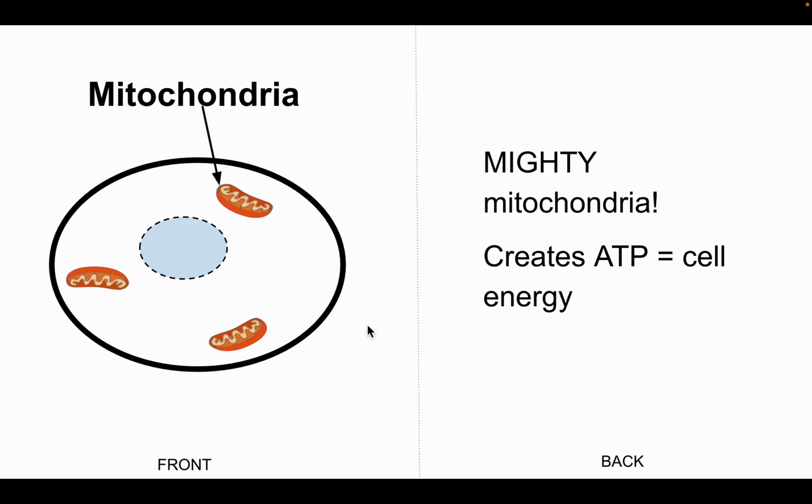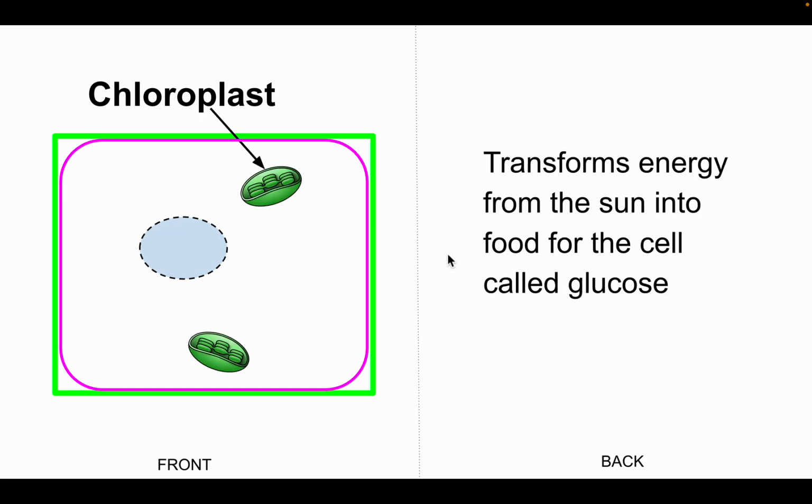Next note card, mitochondria, the mighty mitochondria. It creates ATP, which is cell energy. It's these little red beans. They look like beans, and there's a squiggle in them. Next is chloroplast.